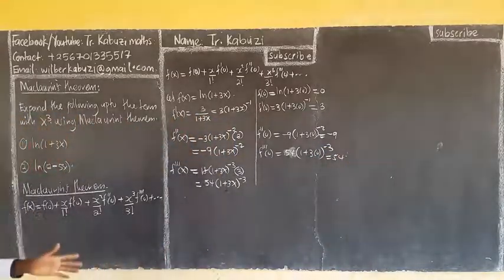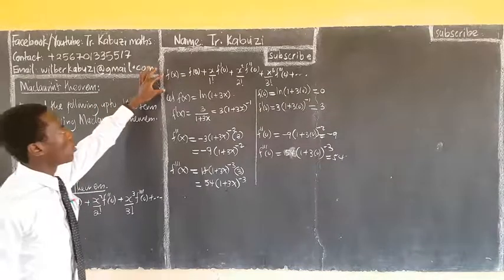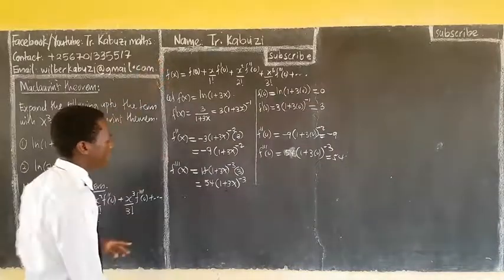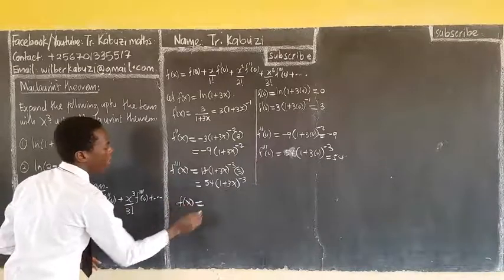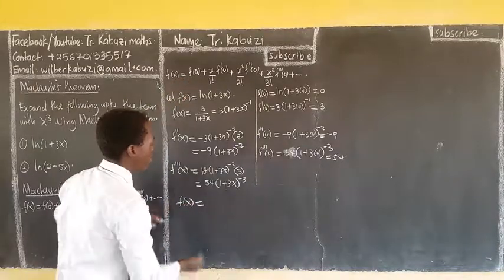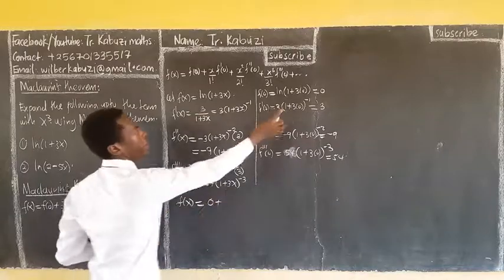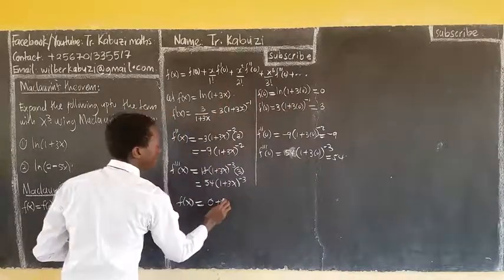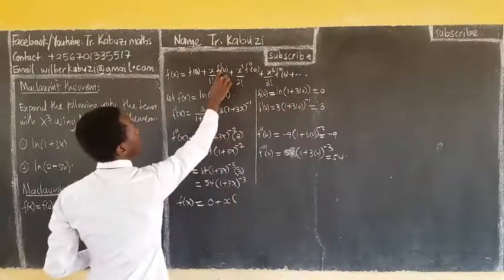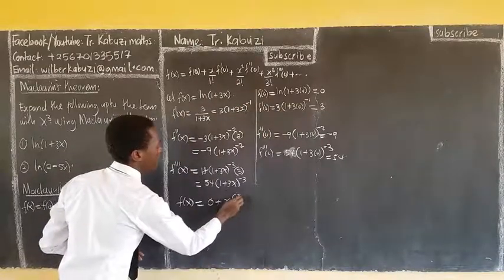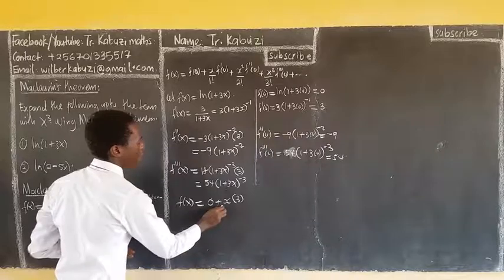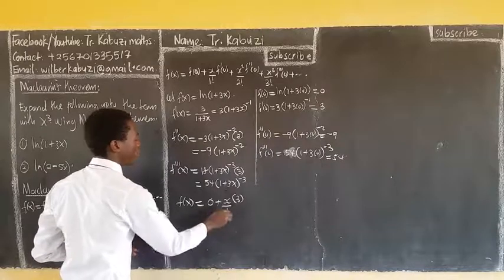From there now, members, you write the whole of this for f of x. Now you put the values, so my f of x now will be f of 0, which was 0 from here. Then x into f prime of 0, which was a 3, over 1 factorial. 1 factorial is 1.